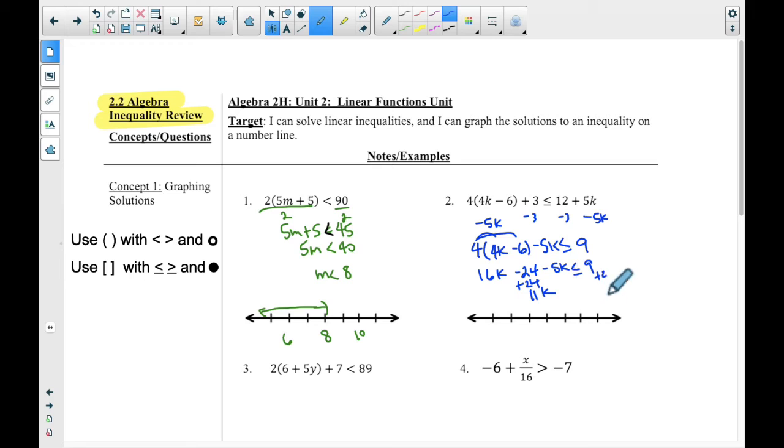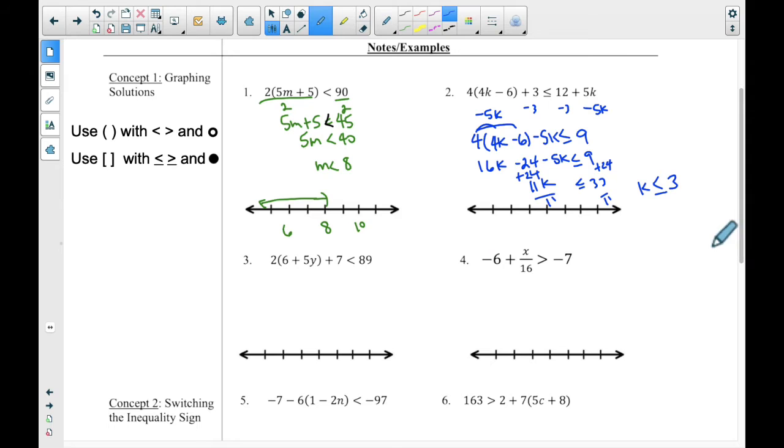So let me do that, and I get less than or equal to 33. I'm kind of jammed up for space here. I'm going to divide by 11, and I get k is less than or equal to 3. Okay, once again, pretty easy as far as inequalities go. Solving that was nothing new.